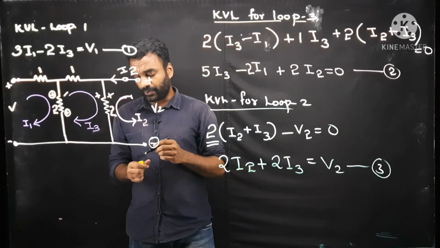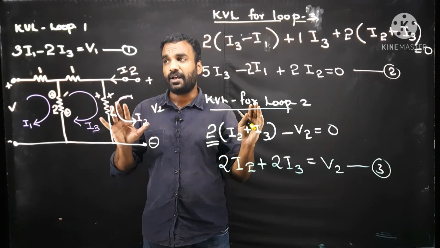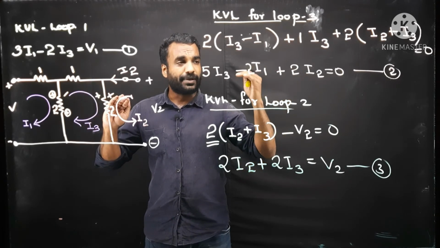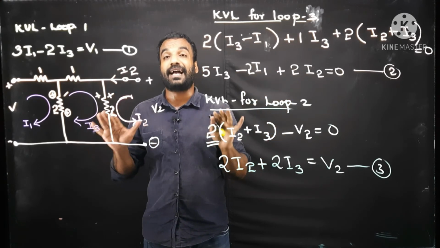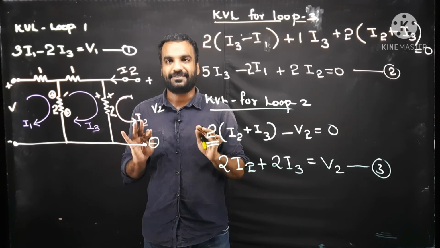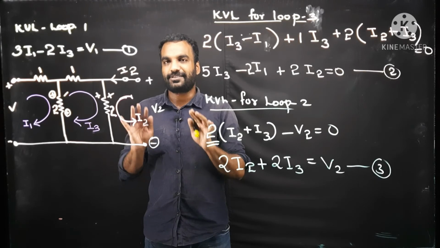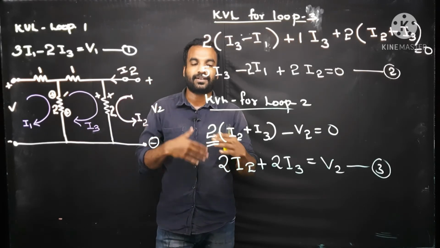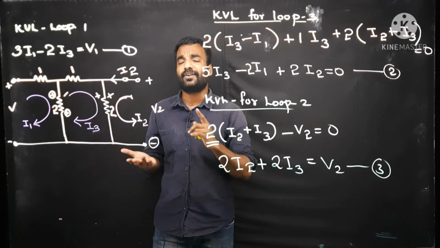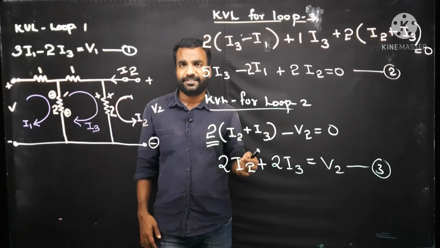Now we are moving to the mathematical adjustment stages for reducing the equations into the standard format of our ABCD parameters. We have a standard equation for ABCD parameters. We are converting these equations into that format. Then we can easily find what A, B, C, D are.